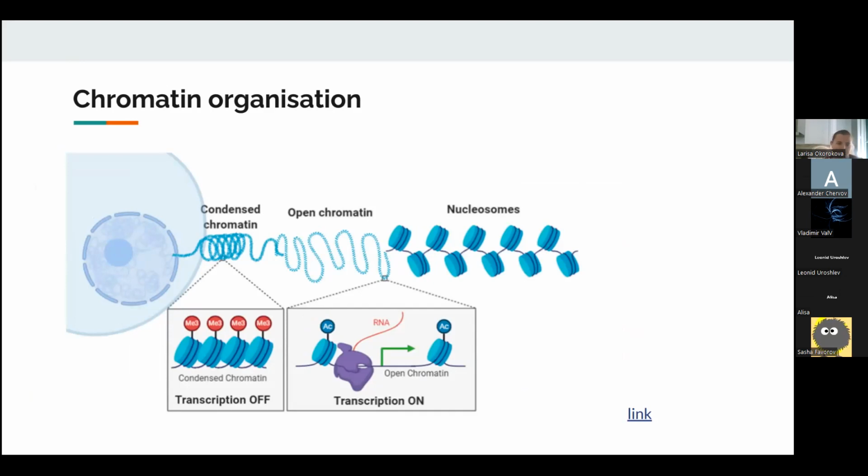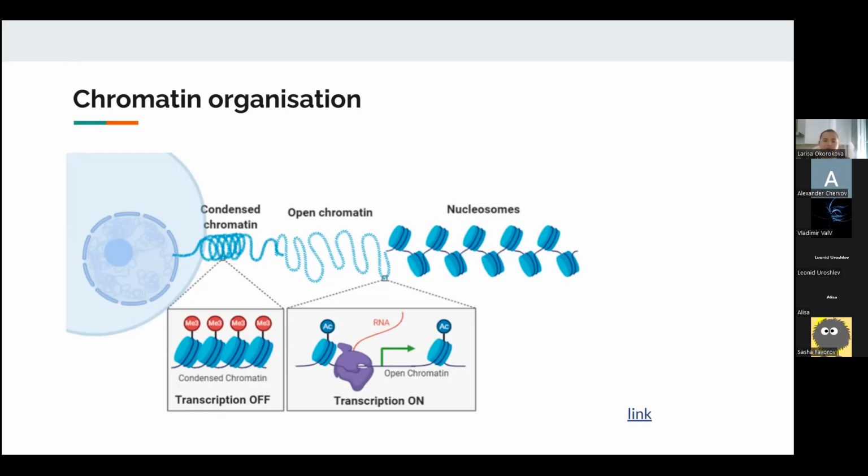DNA is a very, very long molecule, and we want this molecule to be a little bit organized. If we want to have a very big genome like humans have, we want it to be organized. And what we do, we actually put this chromatin onto the nucleosomes.